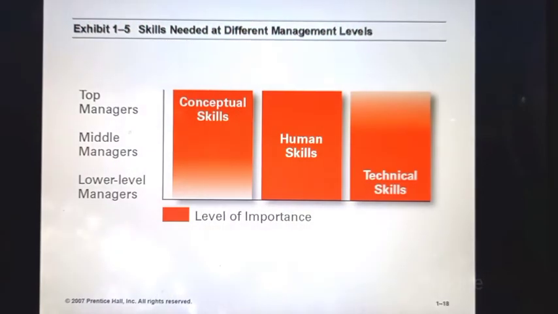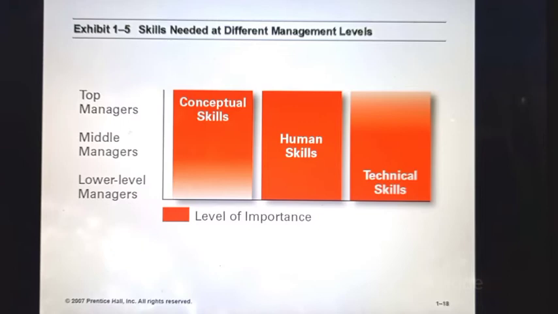So we have here the skills needed at different management levels. Top managers mostly need or require conceptual skills. Middle managers, human skills, and lower level managers, we have the technical skills.